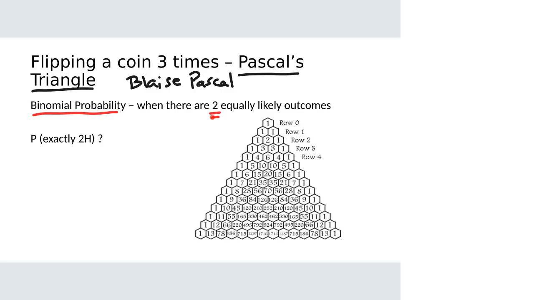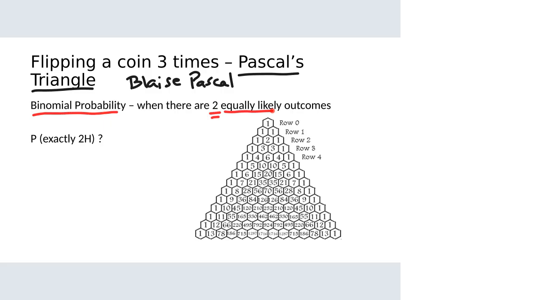We need those outcomes to be equally likely. Tails and heads are both 50% propositions, so they're equally likely outcomes. That's why we're allowed to use Pascal's triangle.